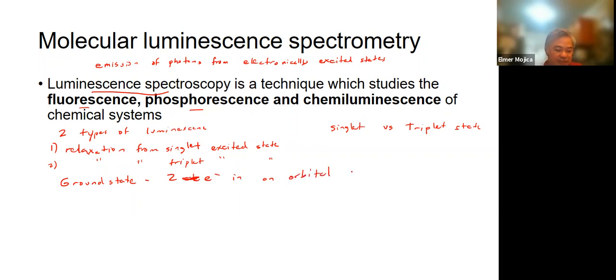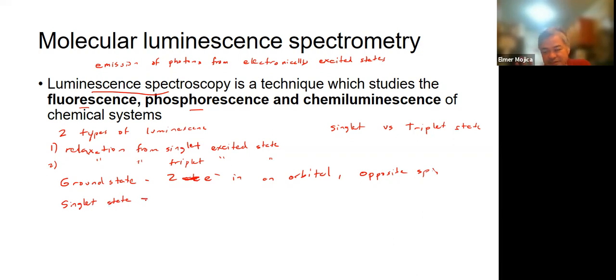And if you look at these two electrons, what is their spin? They are usually opposite spin, right? Like this and like that. I think, if I'm not mistaken, that's Pauli's exclusion principle. Now, what happens when you go to a singlet state? Later we will have a diagram to show here.